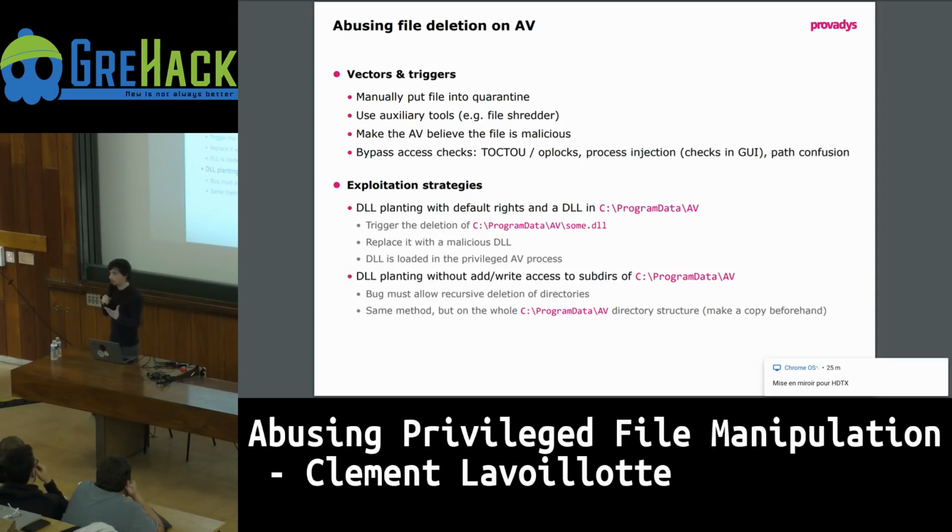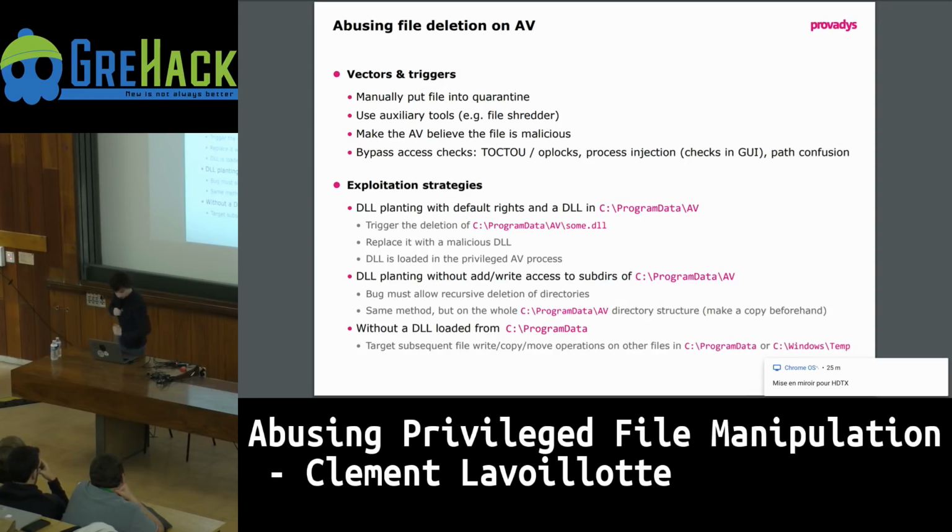If we don't have the default rights, for instance, if there are specific rights on the AV subdirectory, we can then just try to delete the whole directory tree and recreate it with our own content. Of course, for that the bug needs to allow the recursive deletion of files and directories.